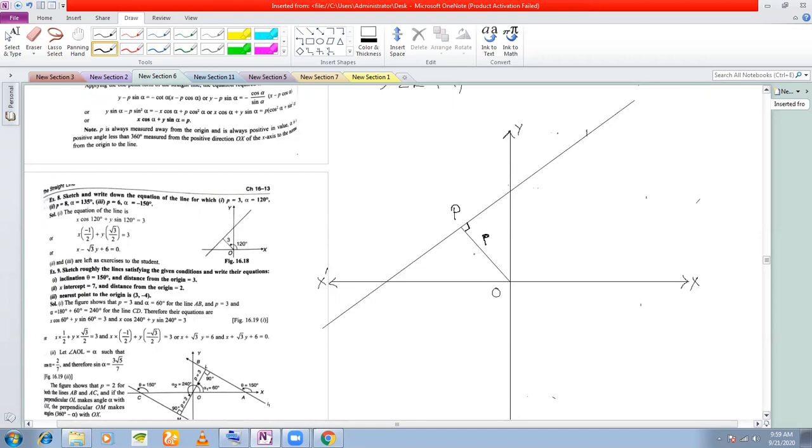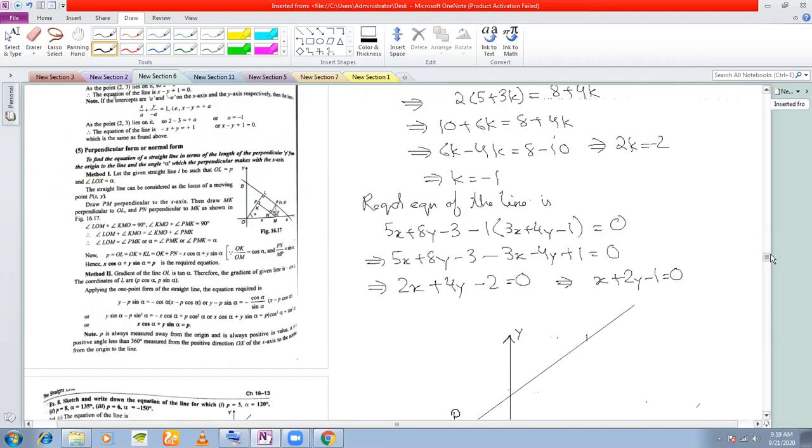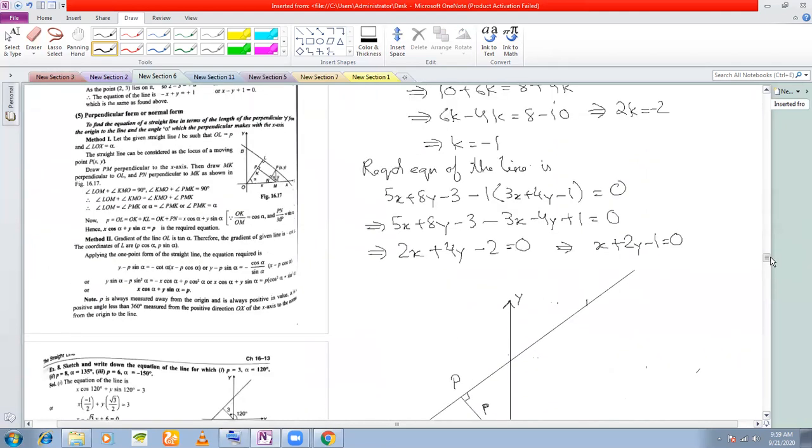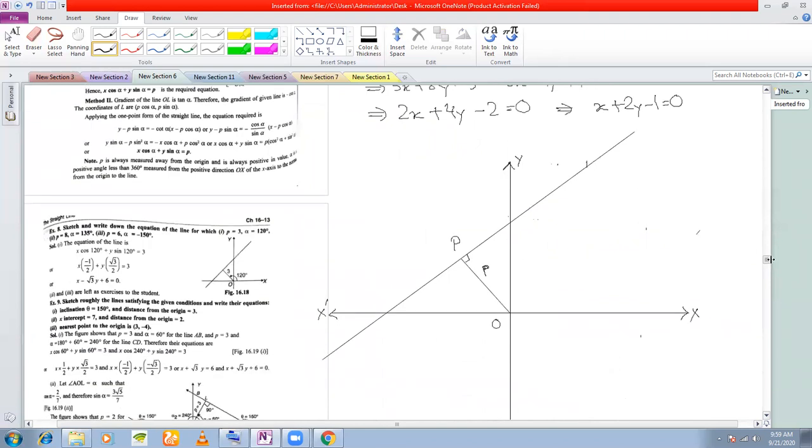If the perpendicular distance of the origin from the straight line is p, and the angle made by the straight line with the positive direction of the x-axis is, and the angle made by this perpendicular with the positive direction is alpha, that is this angle is alpha.